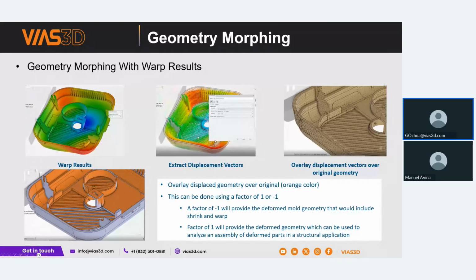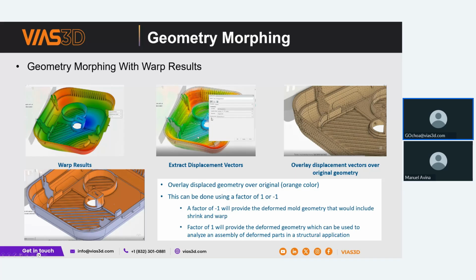There is also another interesting workflow that the MODSIM approach allows, which is morphing the geometry. And this could be used in two different ways. We can morph the geometry for compensation purposes of the cavity.